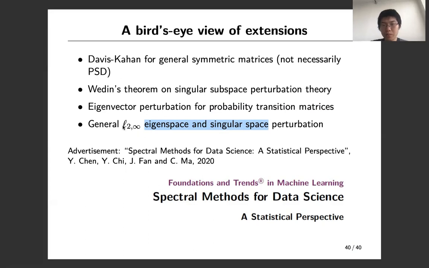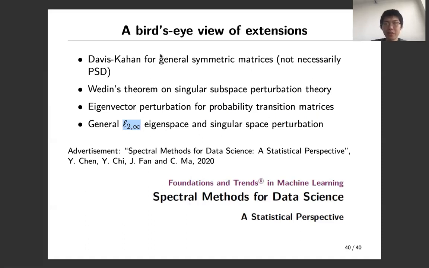Instead, we measure the L2 to infinity norm, which is the largest row norm in the matrix. There is a general version of this that will allow us to establish finer performance guarantees, for example, for the low-rank matrix completion problem.